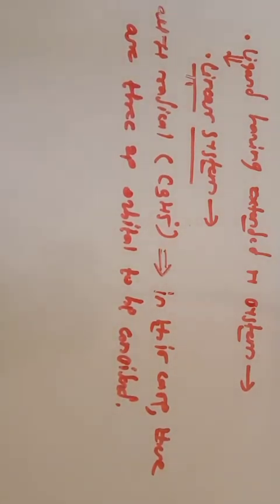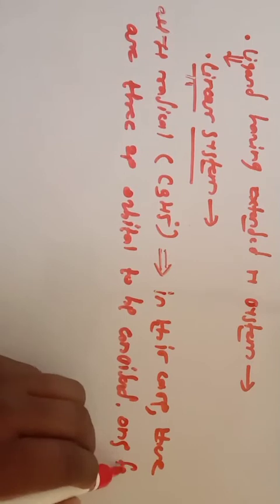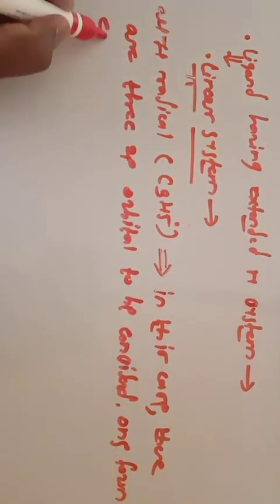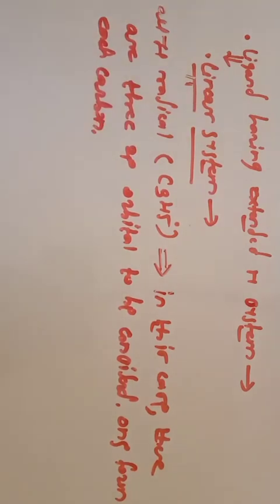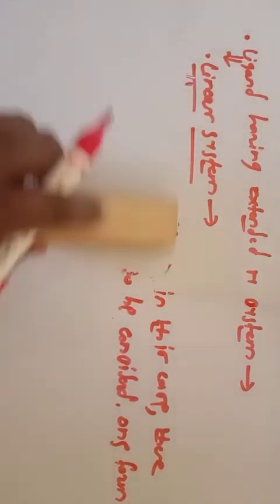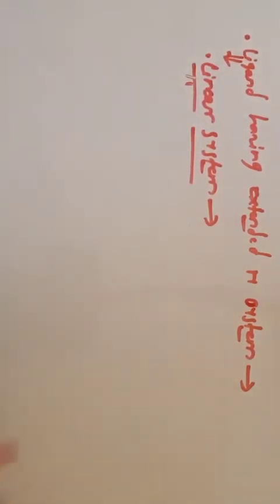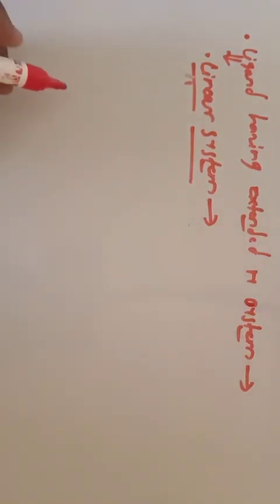So how this interaction goes on, let us discuss. There are 3 wave functions, psi 1, psi 2 and psi 3. So this is your psi 1, and these are the p orbitals.